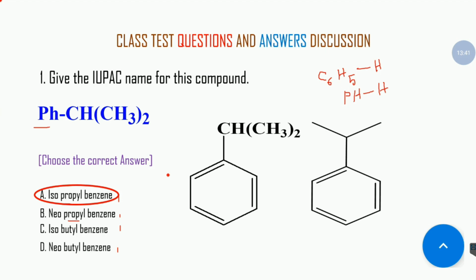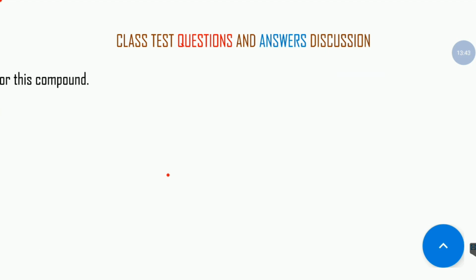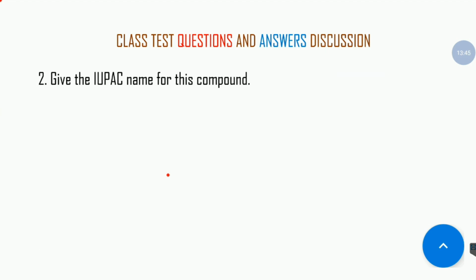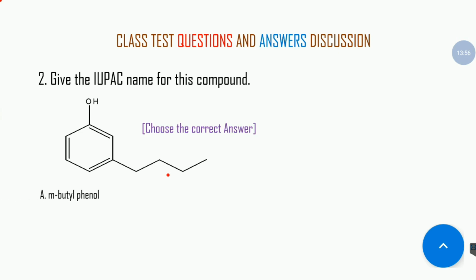Next, question number 2. Give the IUPAC name for this compound. Here is the compound, no need to draw the structure. Again you have 4 options, and you have to choose the correct answer. First you have to number the compound.